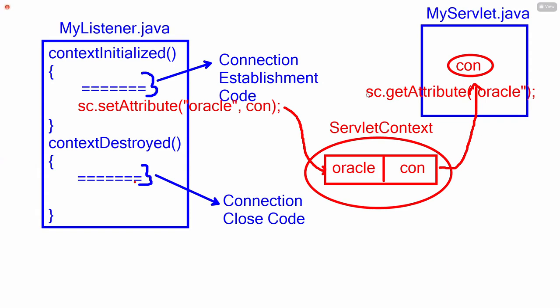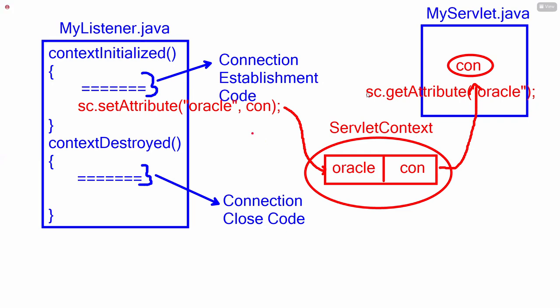It is better, no? Not only for one servlet, this connection can be used by all servlets. Suppose in a war file 10 servlets are there; all 10 servlets can use the same connection object. But there, what we did was write it in every program. It is better, no? No need to call this.